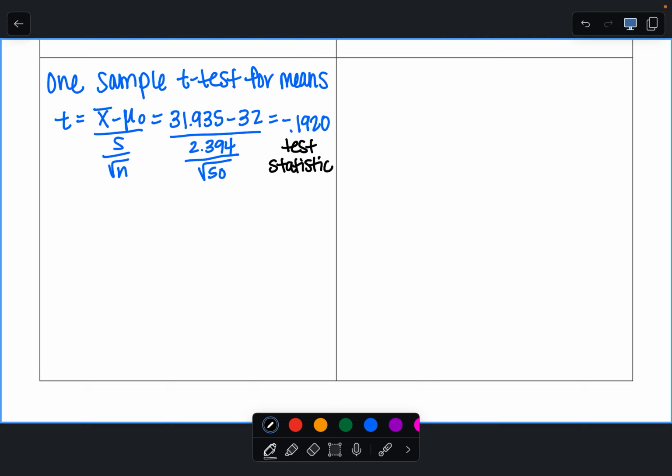So now that I have that, I need to calculate my p-value. Because I am doing a difference test, it can go in either direction, below or above.